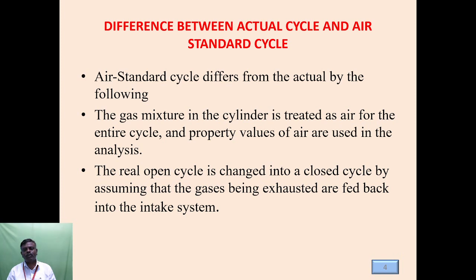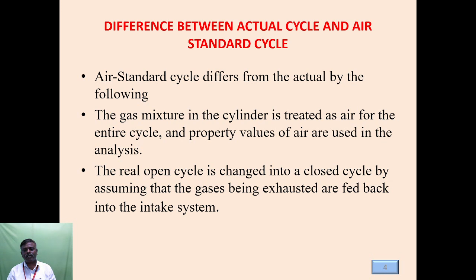Difference between the actual cycle and the air standard cycle. We know in the air standard cycle, air is assumed to be the working fluid, but in the actual cycle, a mixture of air and petrol is used as the working fluid. So we should know the difference between the actual cycle and the ideal cycle. These are some key points.